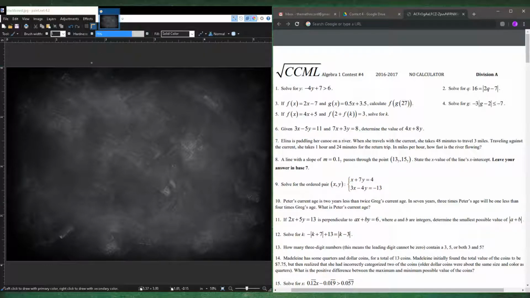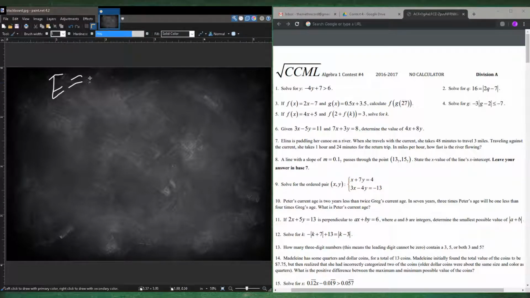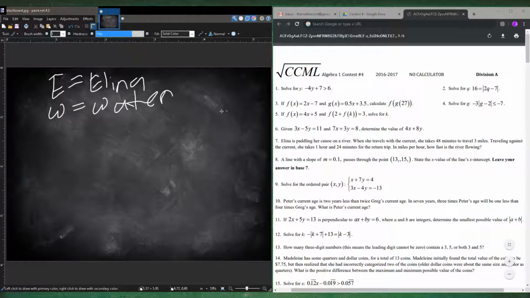Okay, so we're just going to have E, which is going to be Elena's speed, and we're going to have W as the water speed, because you have to take into account both of them. So if she's traveling with the current, it's Elena's speed plus the water speed.